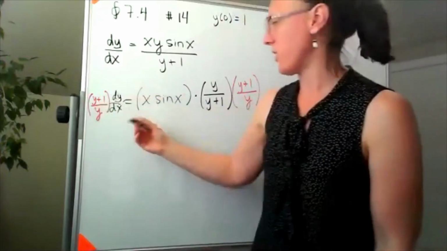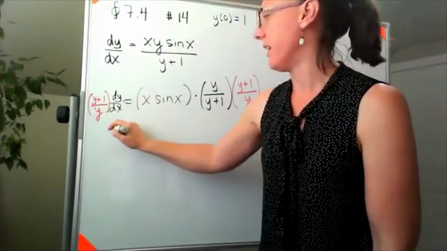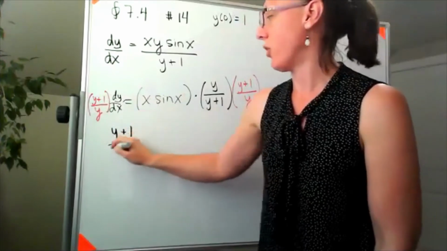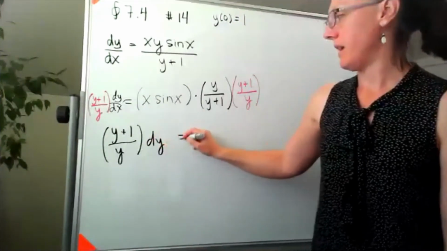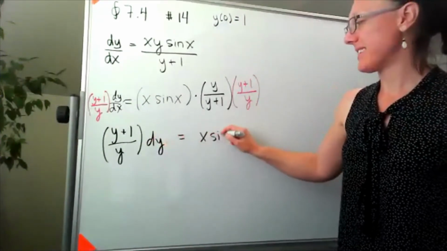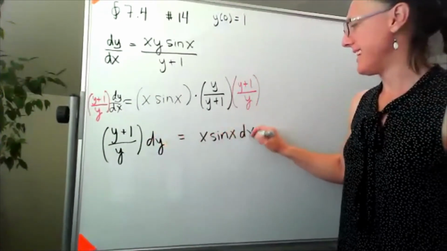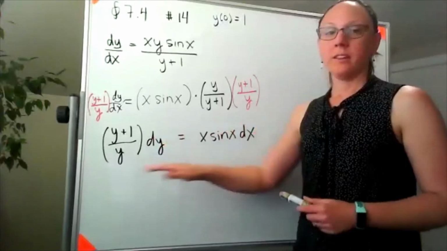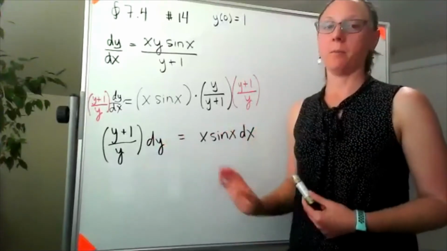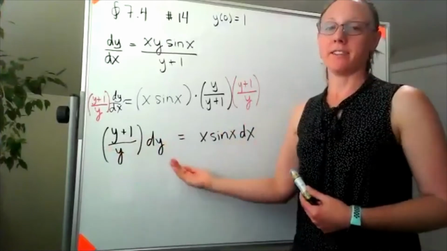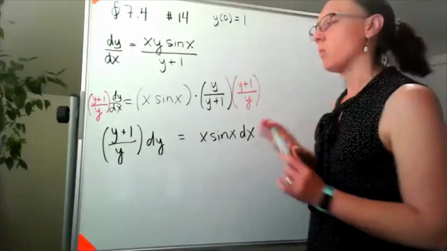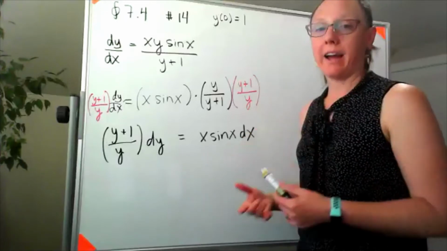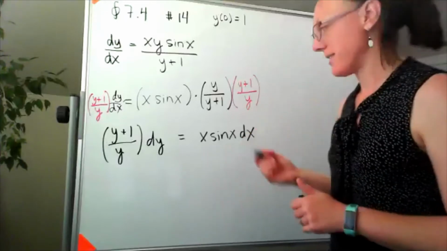The result is going to be that on the left-hand side, I've got (y plus 1) over y dy is equal to x sine of x dx. This is considered separated because I have only y's on the left-hand side and only x's on my right-hand side. Once it's separated, I can go ahead and integrate both sides.